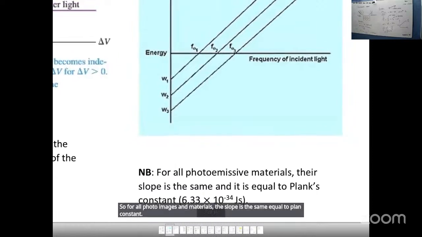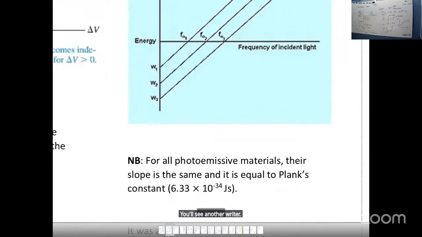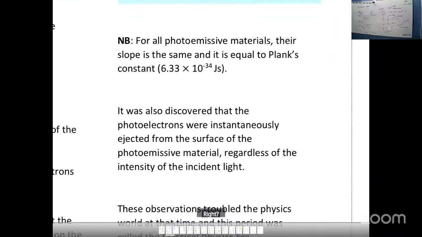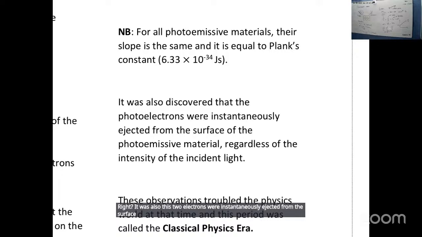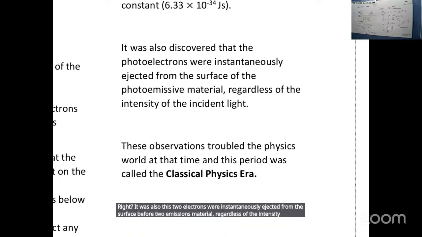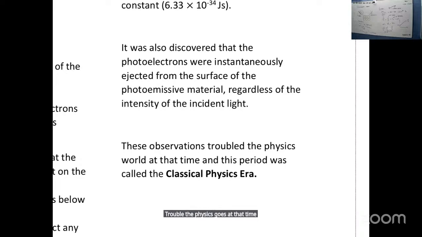It was also discovered that photoelectrons were instantaneously ejected from the surface of the photoemitting material regardless of the intensity. These observations troubled the physics world at that time, and that period is called classical physics.